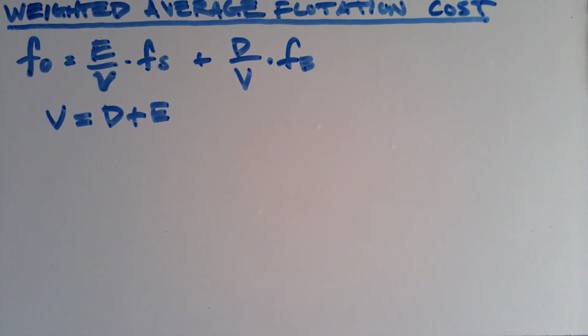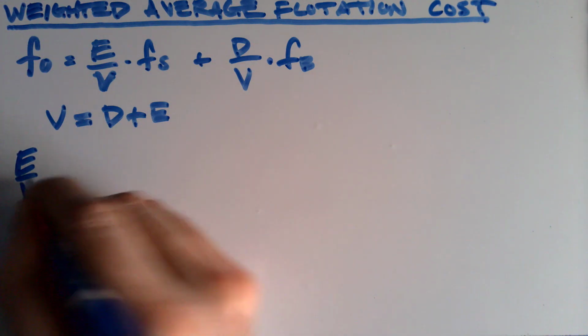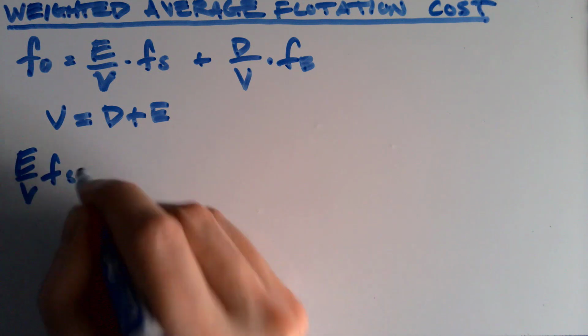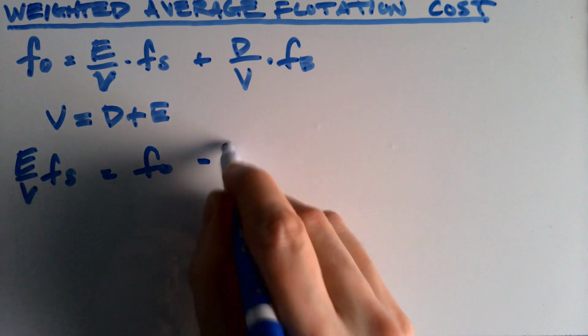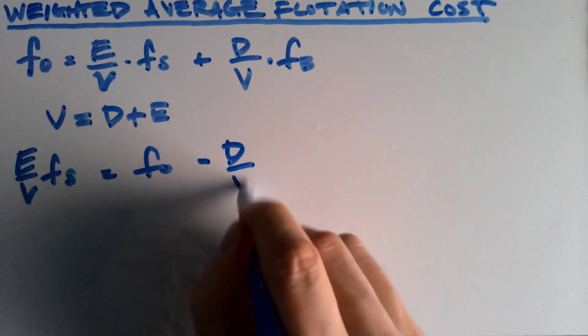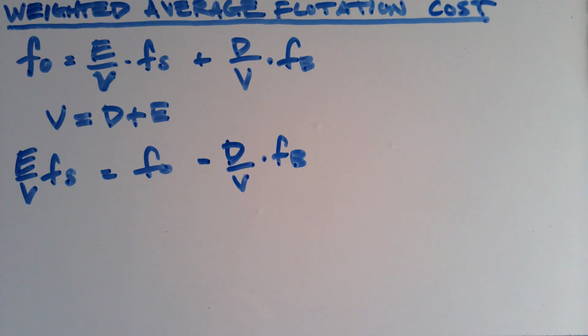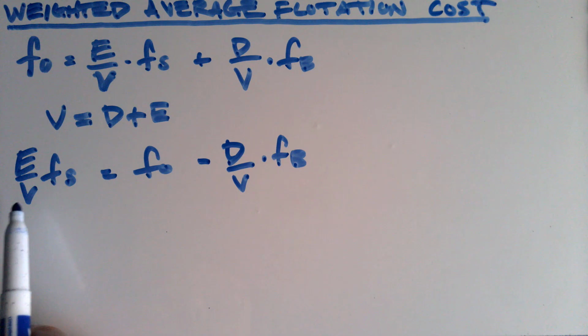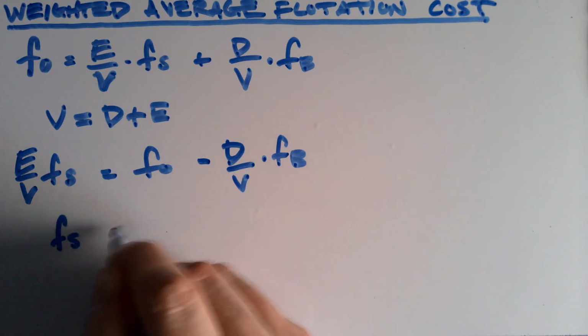Let's solve this thing for F sub S, the flotation costs on stocks. And as my usual practice, I'm going to flip sides. I'm going to subtract D over V times F sub B from both sides. And now we can multiply everything times V over E to get F sub S by itself.